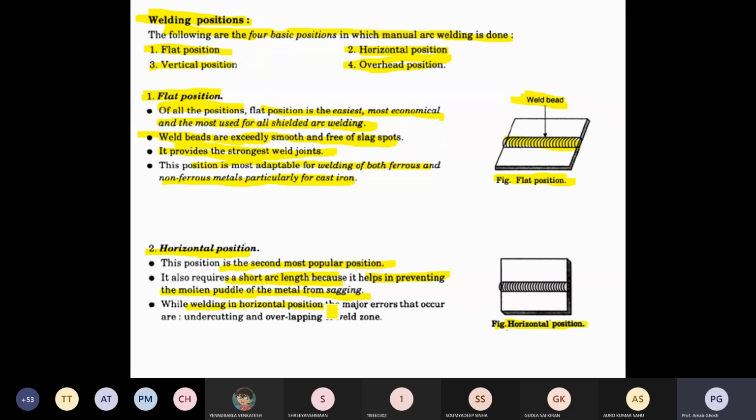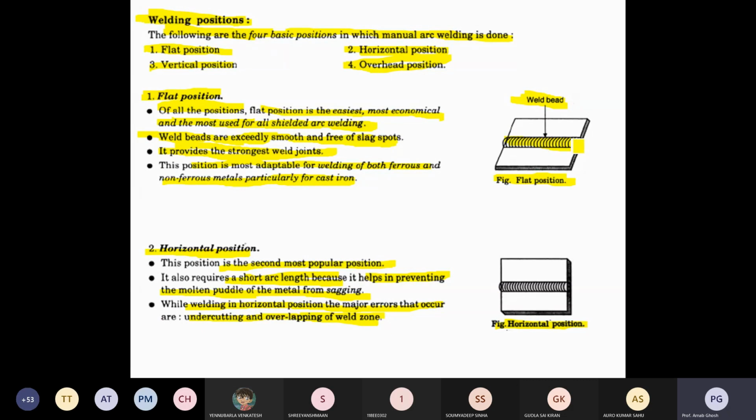While welding in the horizontal position, the major errors that occur are undercutting and overlapping of the weld zone. So there is a chance of overlapping of the weld zone. It means one weld is there, and again there is a weld zone. You can visualize it along your eye length.